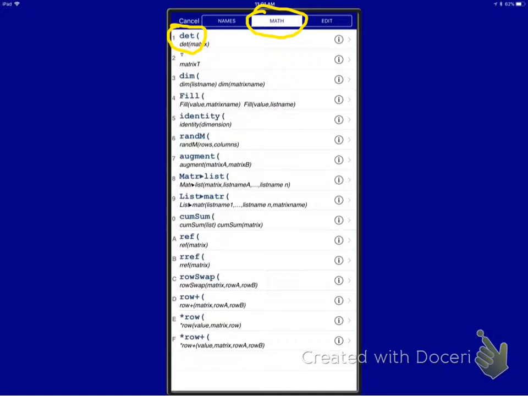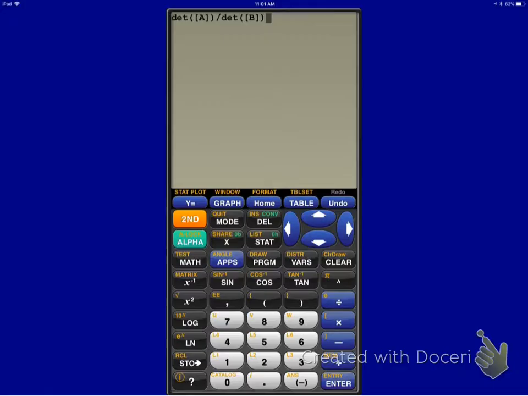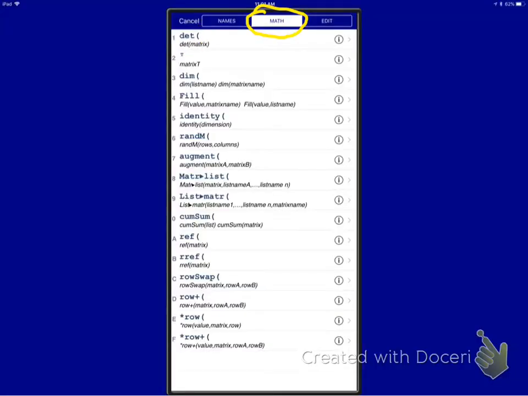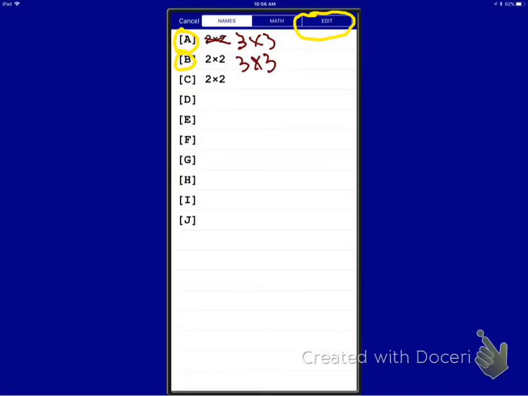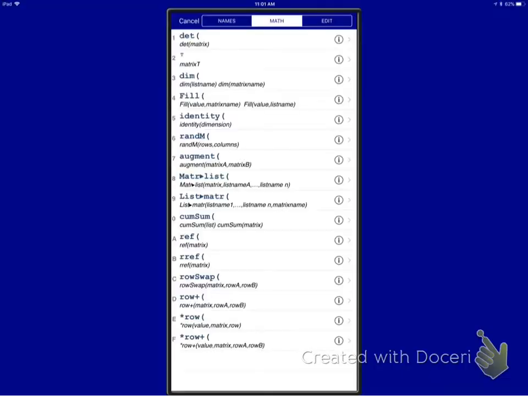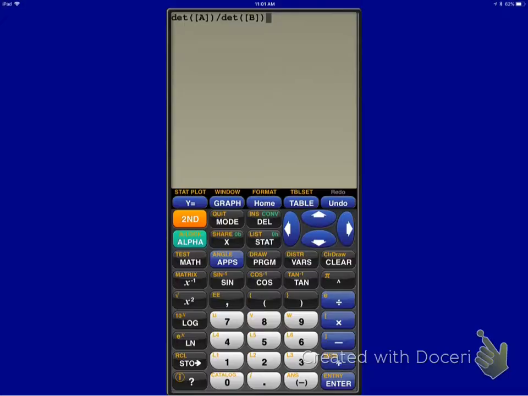So you'll hit determinant, then you'll go hit second matrix again and go back to your screen that looks like this, and you'll put an A. You need to close parentheses, which is important. You need to close the parentheses, then divide it by the determinant of b. And that will give you your y.